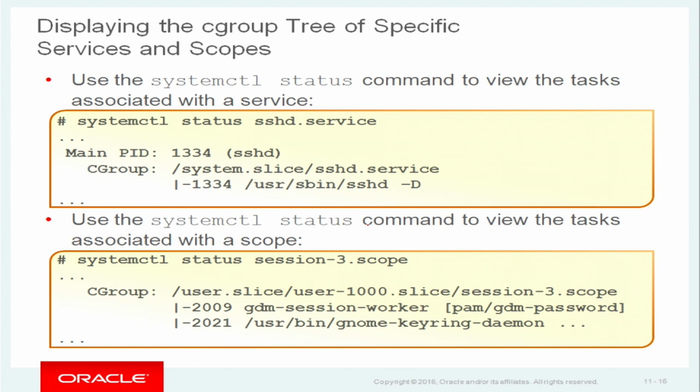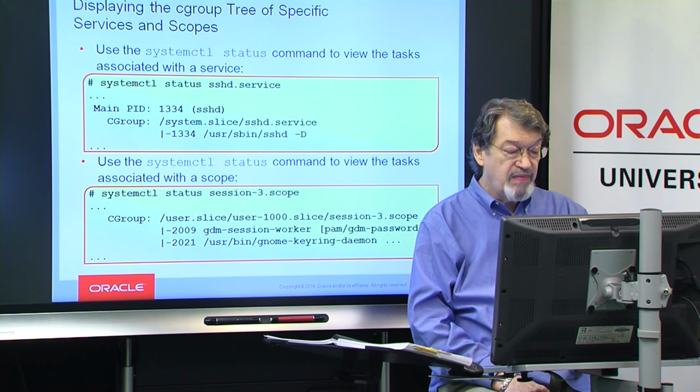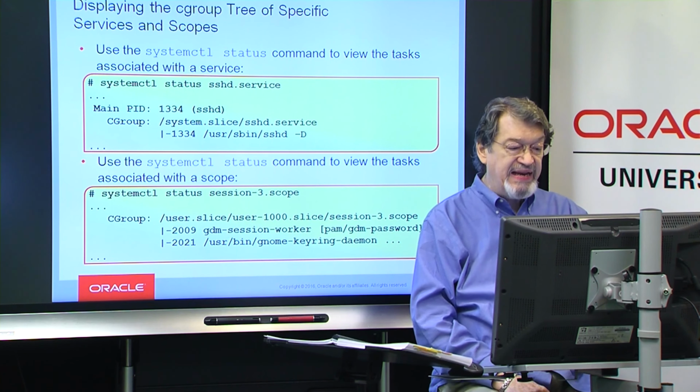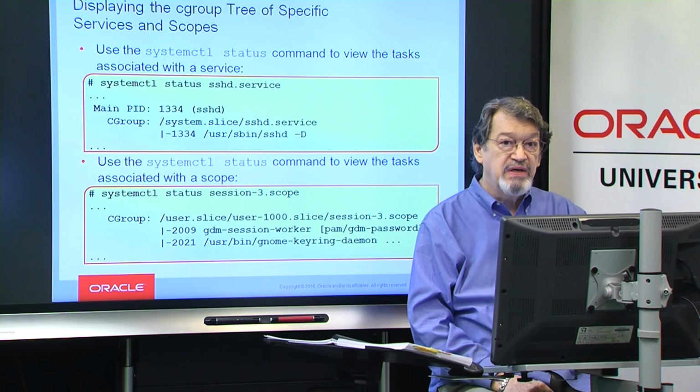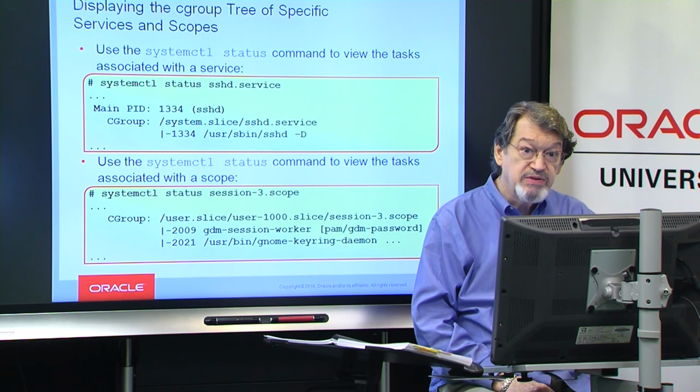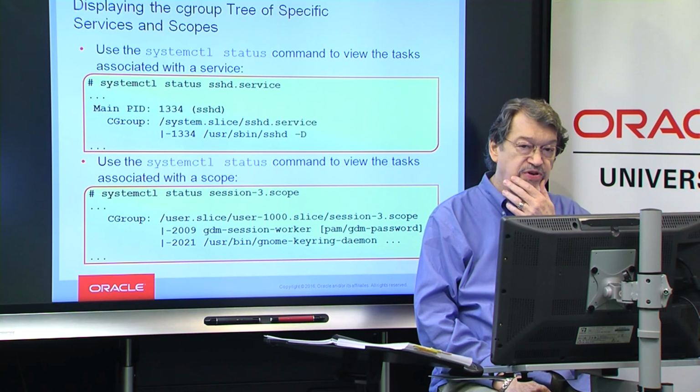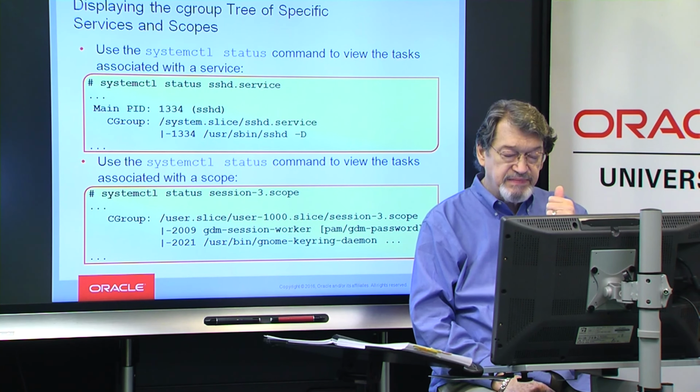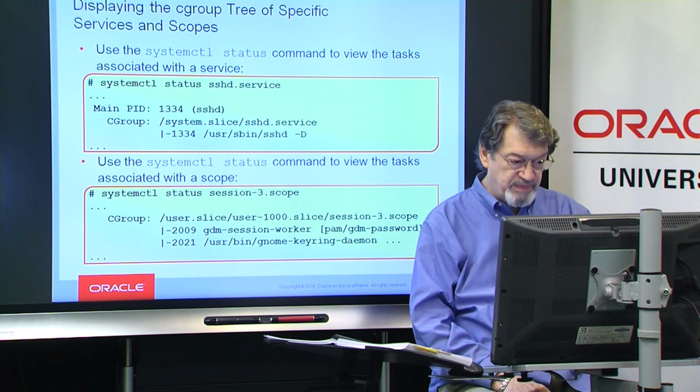Now, there is, under systemctl status, and we can display the C group tree for specific services and scopes. And so the first command is a status for the secure shell daemon service. Makes your server something that you can SSH to.